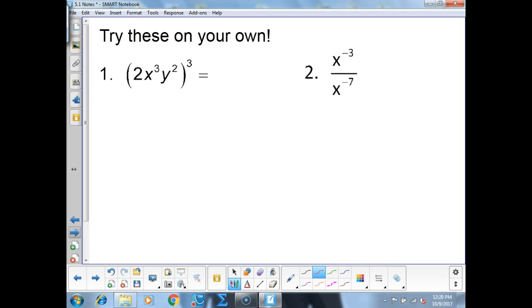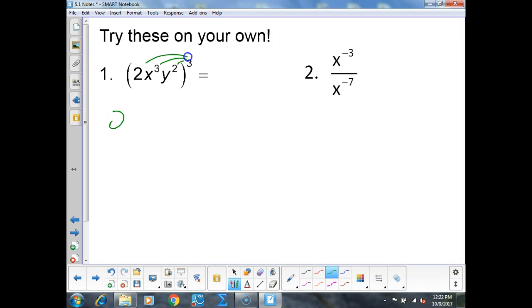So, let's go back and let's try some more of these type of problems. So, try those two on your own. Apply those properties that we just went over. So, this 3 would have to go into there, and into there.